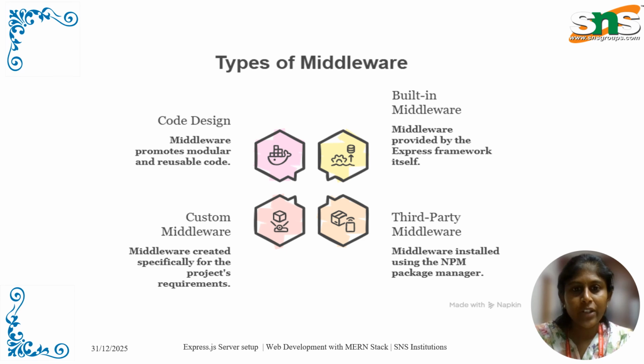There are different types of middleware in Express: application-level middleware, router-level middleware, built-in middleware, and error-handling middleware. For example, app.use with a built-in middleware parses incoming JSON data. Middleware improves control and security of applications.